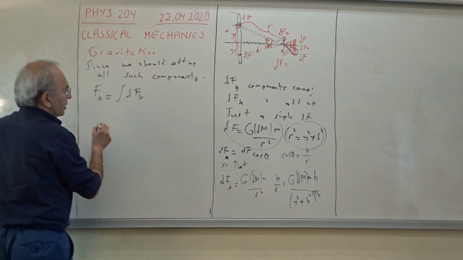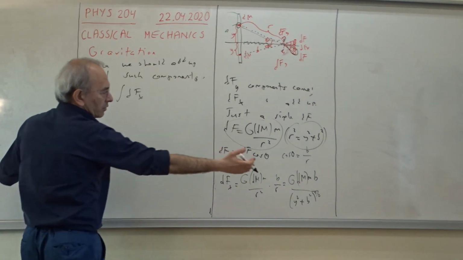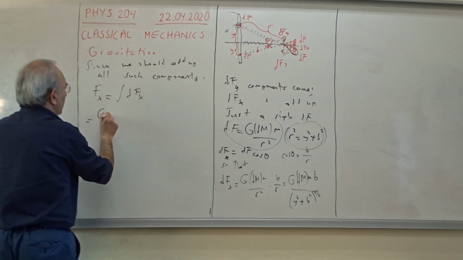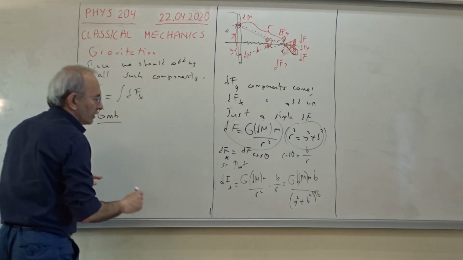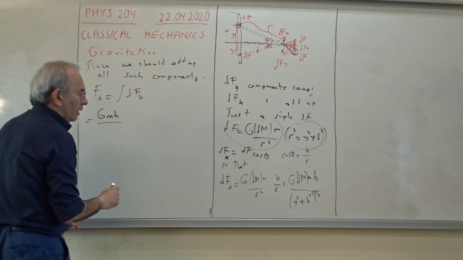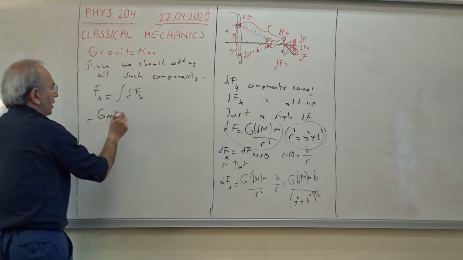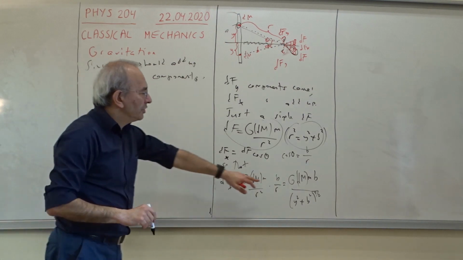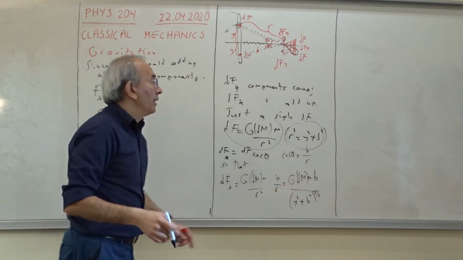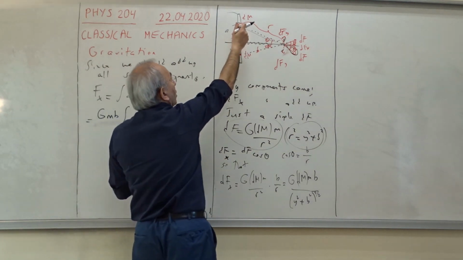So this is just, let's take the constants out, G little m b divided by, nothing yet. These are the constants we can take out. Inside the integral we have dM. Well, what is dM? It is this small mass element.